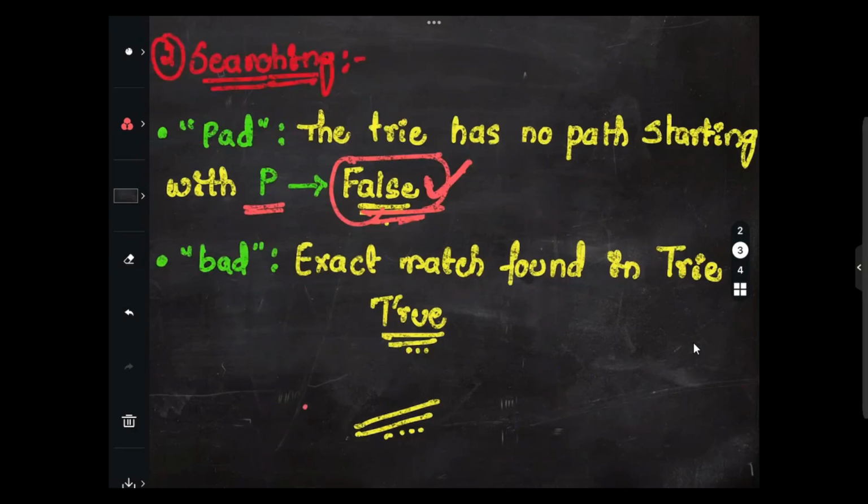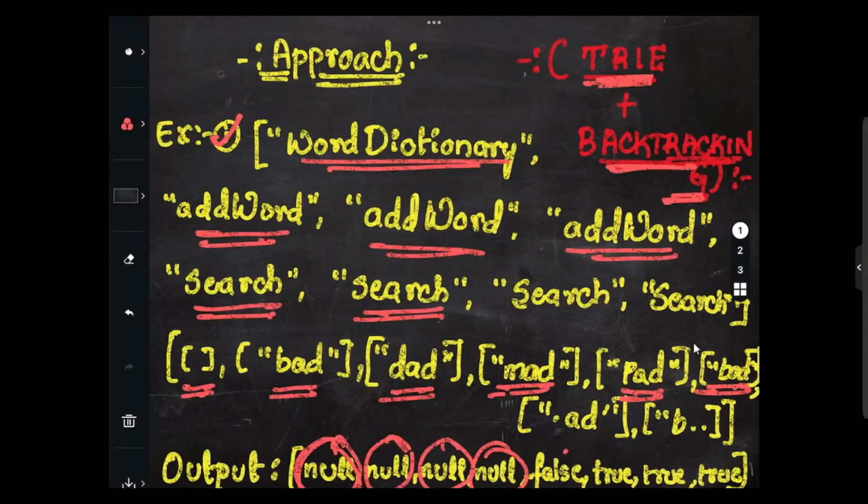So here the exact match is found, and we will return boolean value true. This one is true, and the earlier one was false.